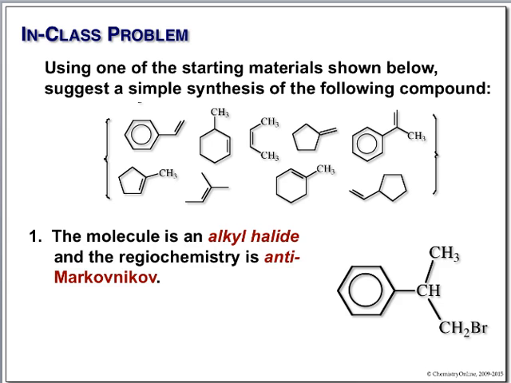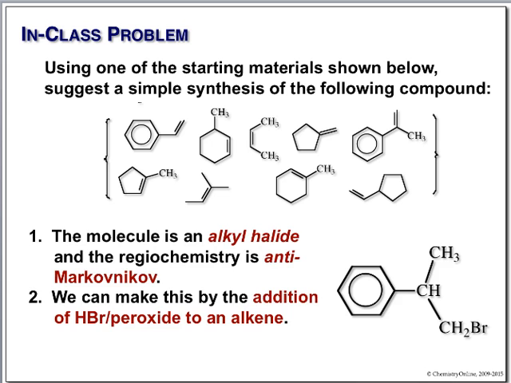How many ways do we know to make anti-Markovnikov alkyl bromides? HBr, peroxide. Our compound must have our benzene ring, and we must have a double bond. We look up top.